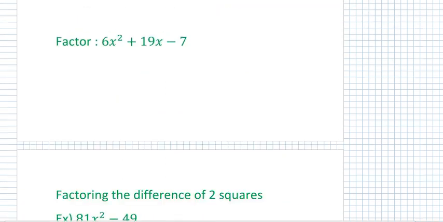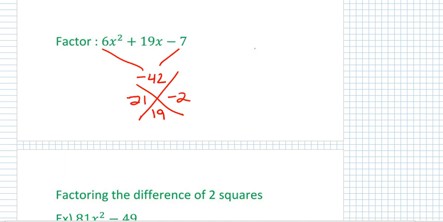So let's try one more. Factor 6 and negative 7, multiply, get negative 42. They add to 19. The factors are positive 21 and negative 2. So you rewrite the middle term. It doesn't matter what order you put it in, as far as the 21x and the 2x.